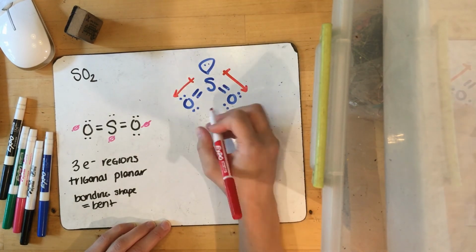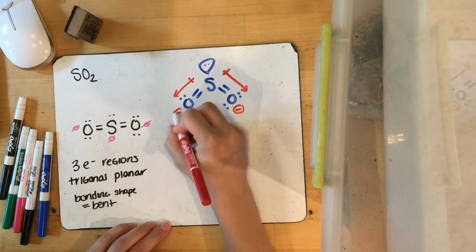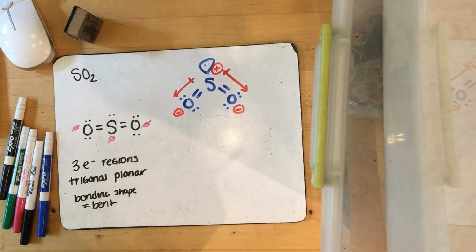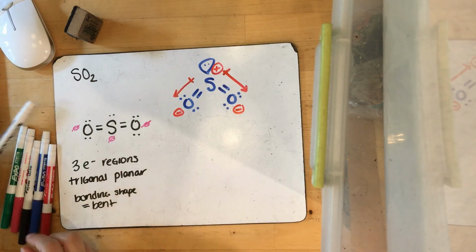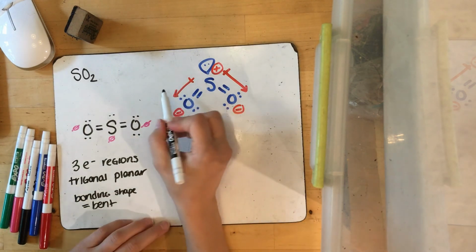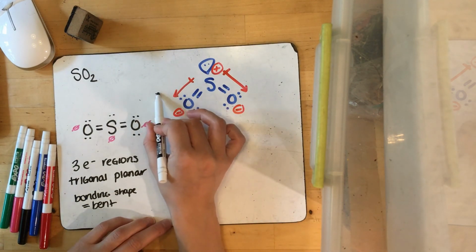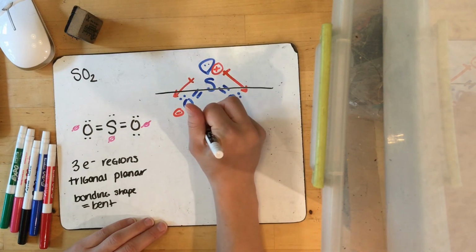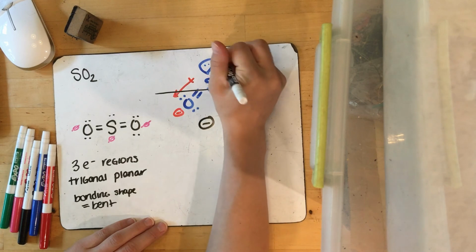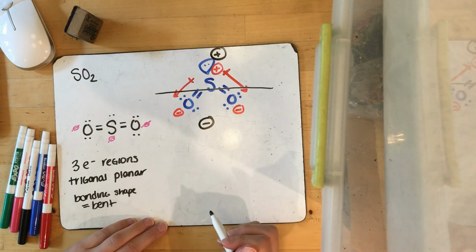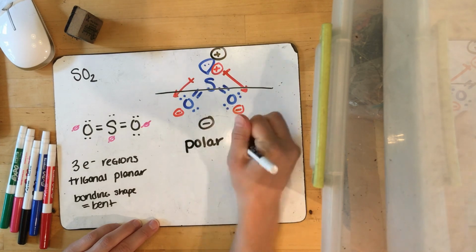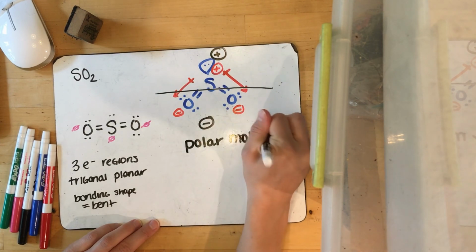So the oxygen side will have a slightly negative charge, and the sulfur will have a slightly positive charge. And what we can see here is that we can actually split this horizontally down the middle, and we wind up with our negative pole on one side and our positive pole on the other. And so this is a polar molecule. It does have a dipole moment.